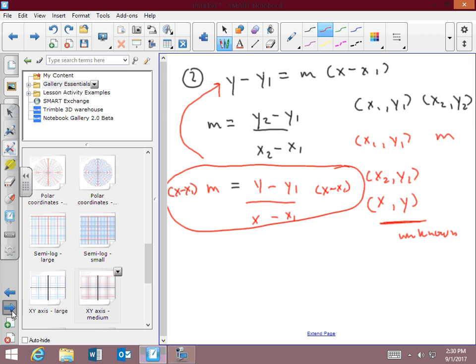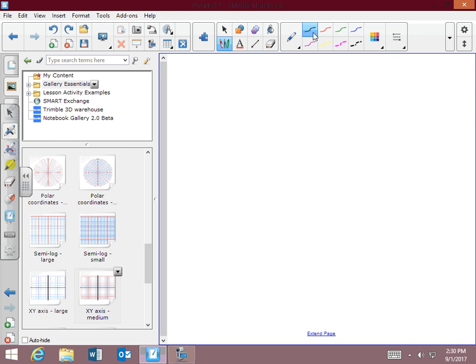So what I'm going to do then on number 4 is use that, because it says find the equation of a line that contains a point and has a given slope. So here's my point, 0, 3, and here's my slope. So I'm going to write my formula, y minus y1 equals m times x minus x1.